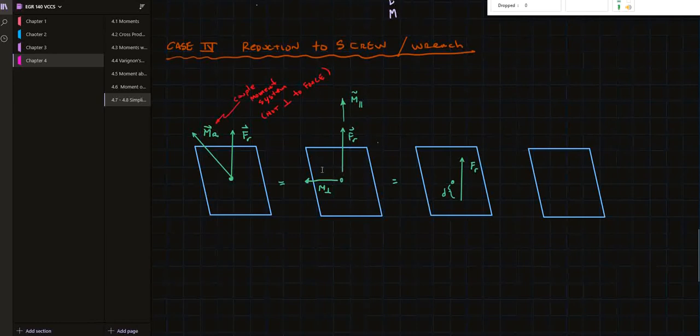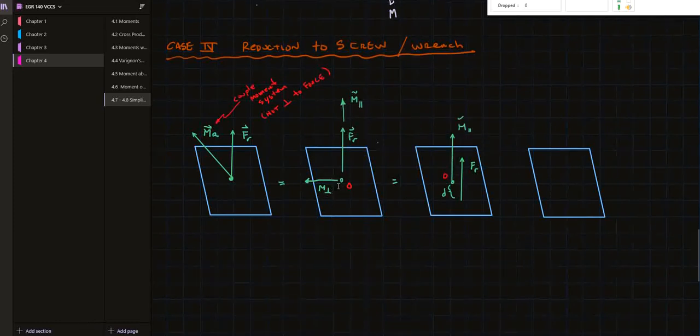Components that are parallel and perpendicular to this force at some point, let's say O. And then I can move this force, but I'm stuck with this moment here.